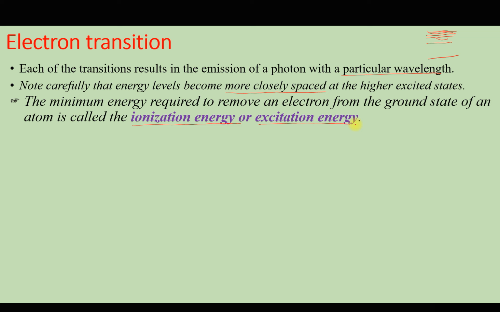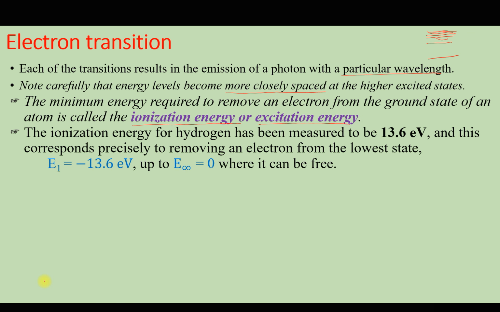For example, the ionization energy for hydrogen is about 13.6 electron volts, and this corresponds precisely to removing an electron from the lowest state, where E1 is minus 13.6 electron volts, up to infinity where E is 0. So the energy required, which we call the ionization energy, is 0 minus negative 13.6 electron volts, which is 13.6 electron volts.